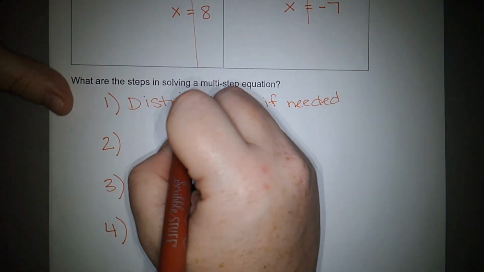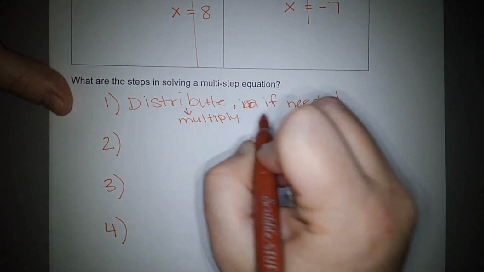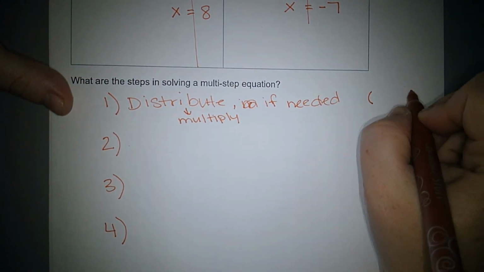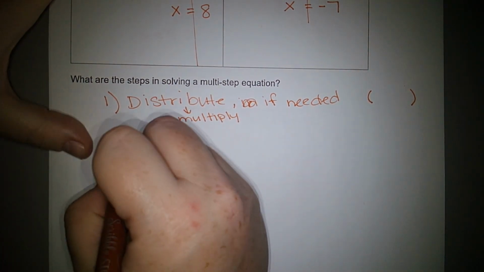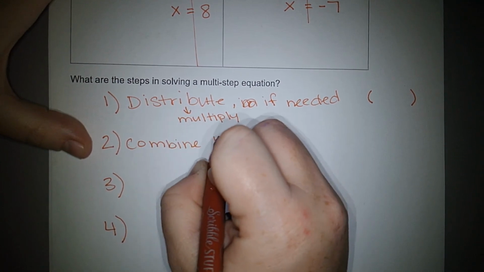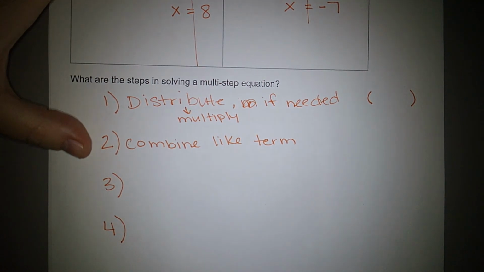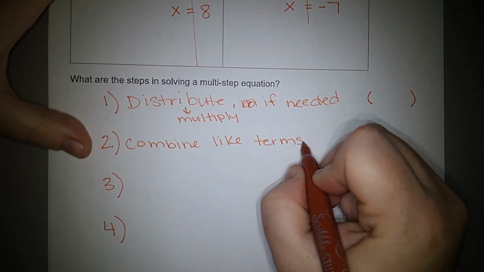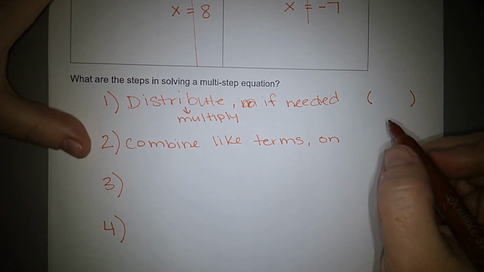Remember, distribute means to multiply. And it's if you have parentheses. 2, combine like terms. And that's on each side of your equal sign, or each side of the equation.